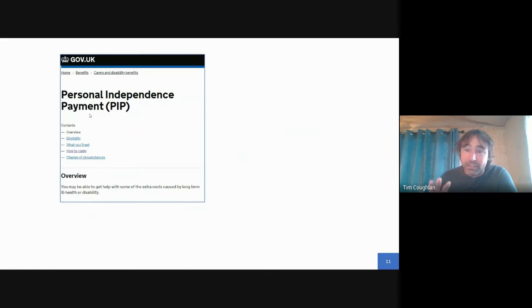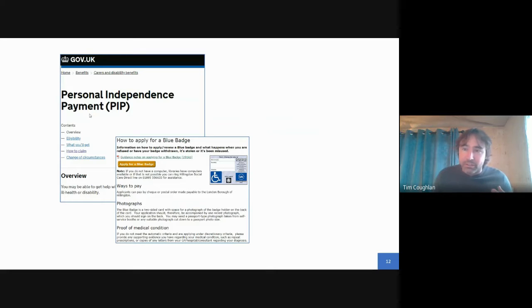As I said, if you're a disabled person in the UK, you're also likely to be applying for personal independence payment, which is a complex and difficult process to get help with everyday living. You may also want things like a blue badge, which is for parking and driving, and gives you some additional help with that.